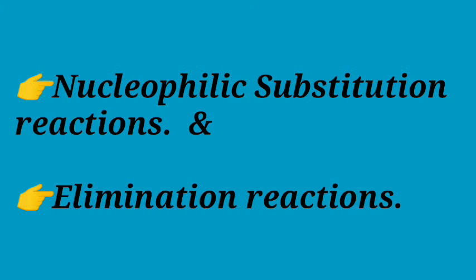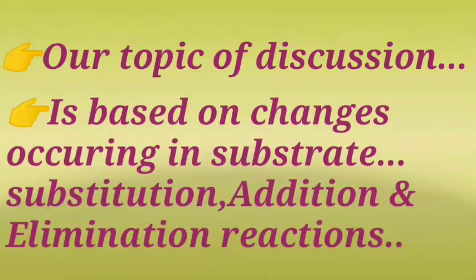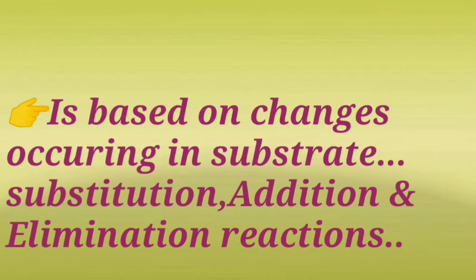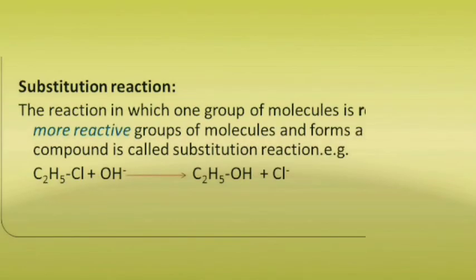So students, our topic of discussion is based on changes occurring in substrate, which includes substitution, addition as well as elimination reactions. So students, let us start one by one. Changes occurring in the substrate. The first reaction is substitution reaction.